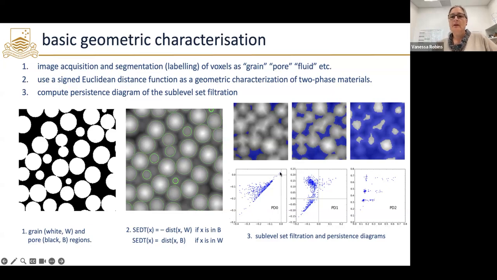You get a couple of points that have positive birth values here because of boundary effects, really. So there's a little bit of pore space that doesn't connect until we go into the positive level sets of the distance function. And obviously these images are all 3-dimensional, and I'm just showing you 2D slices so that you can actually see what's going on.